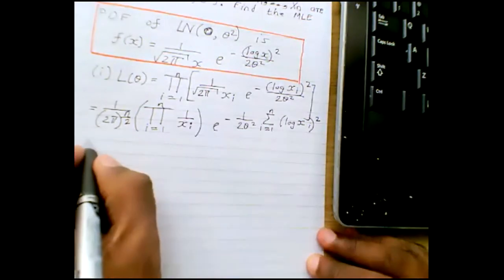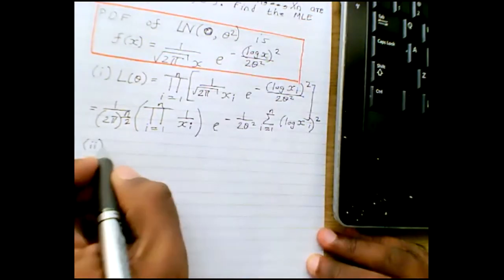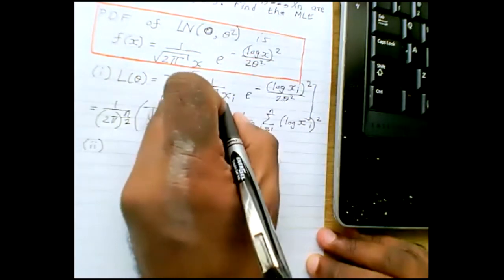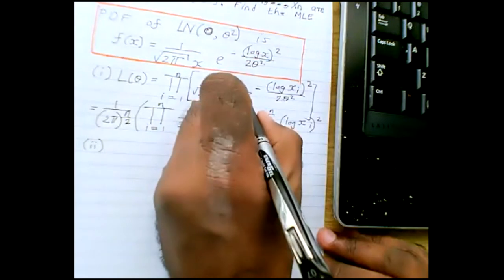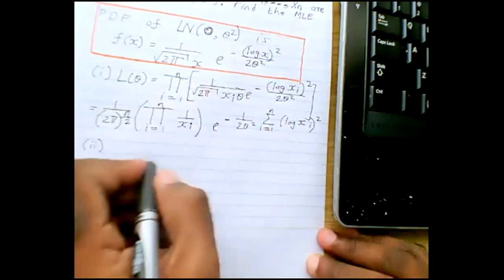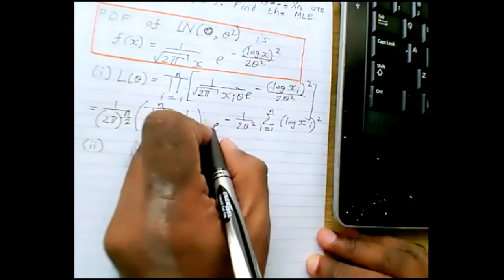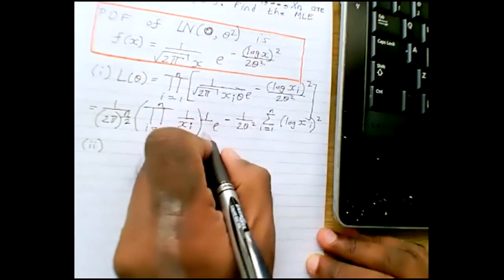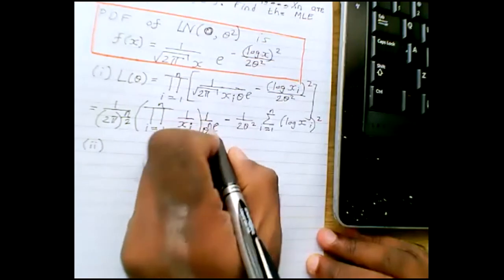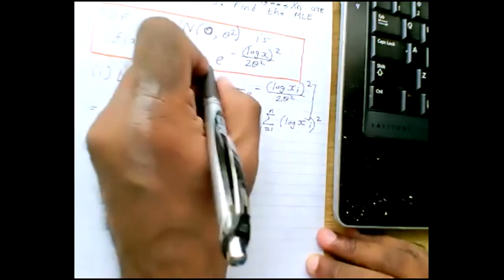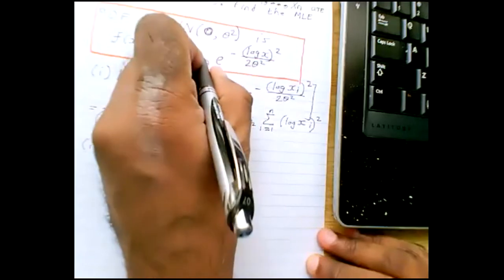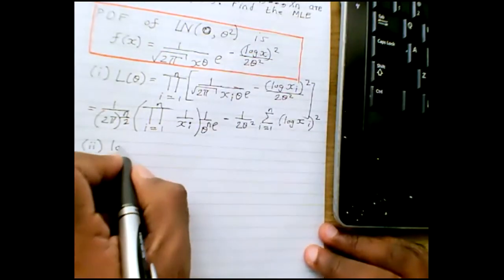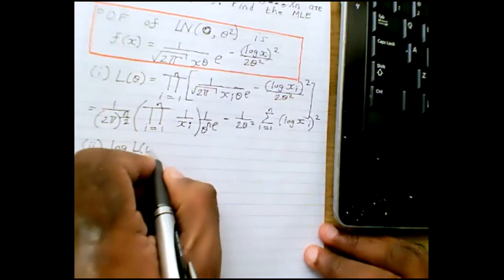Next, step two is to take the log. I missed out a theta here. There should be a 1 over theta to the power n. Excuse me. So you should take the log of the likelihood function.